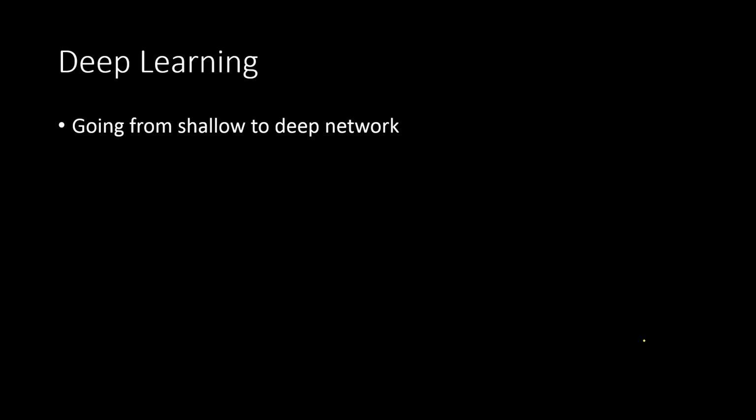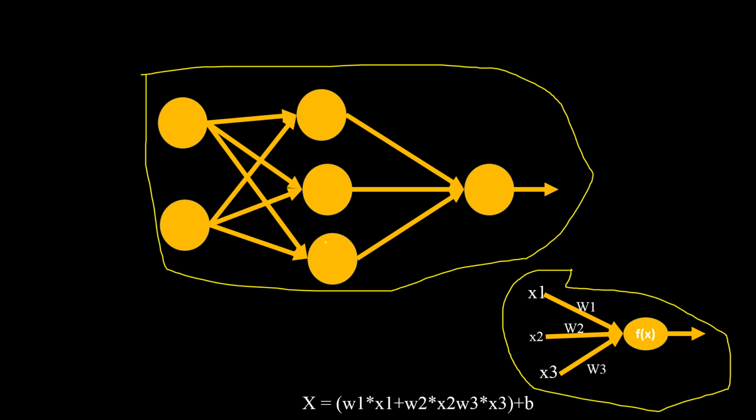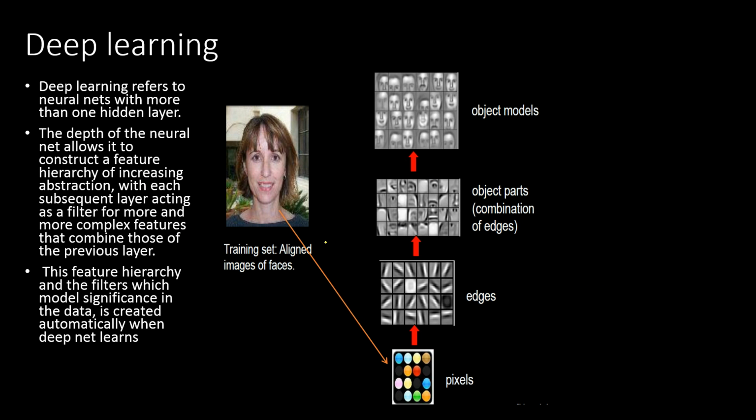And let's go from shallow to deep networks. Shallow means a network which has just one hidden layer, and deep means a number of hidden layers, a really deep network. So let's first see deep learning, as we discussed even in episode 0, that it learns features in a hierarchy. There will be a number of layers, which is why it's called a deep neural network, and each of these layers will learn features in a hierarchy.